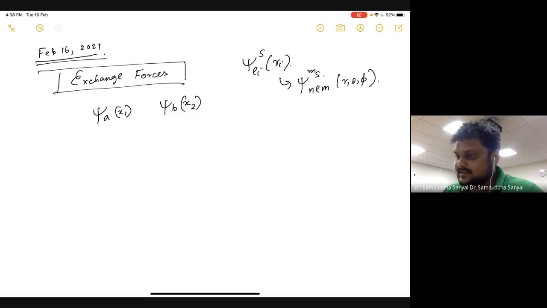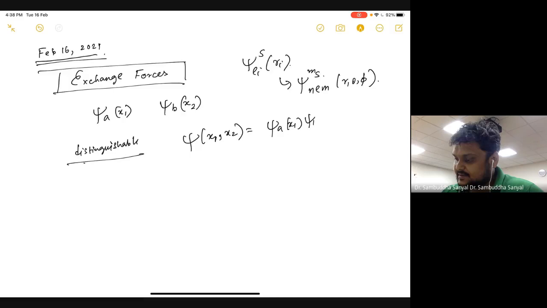First, if it is distinguishable, you know this already, this is very simple. Then it is psi of x1 x2 equals psi a x1 psi b x2. Then it can be indistinguishable symmetric, and indistinguishable anti-symmetric.